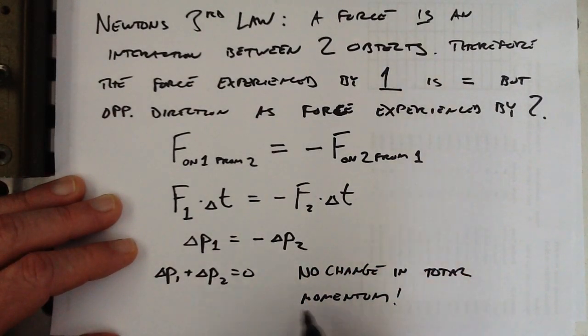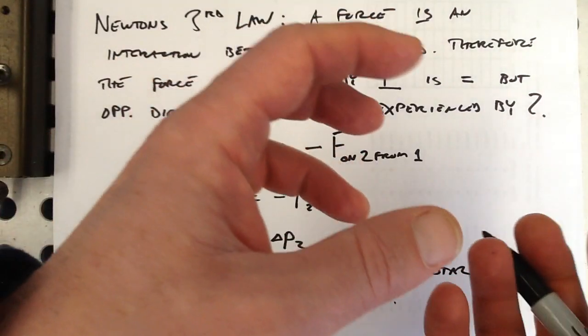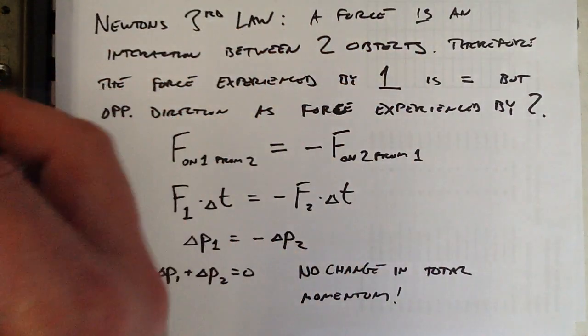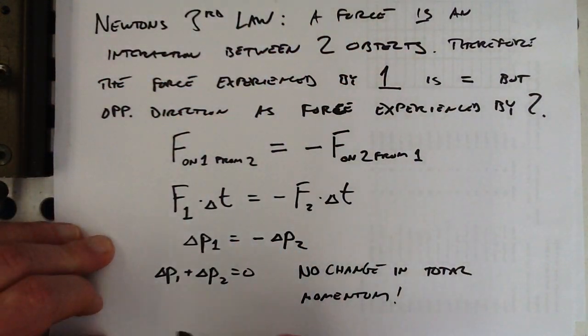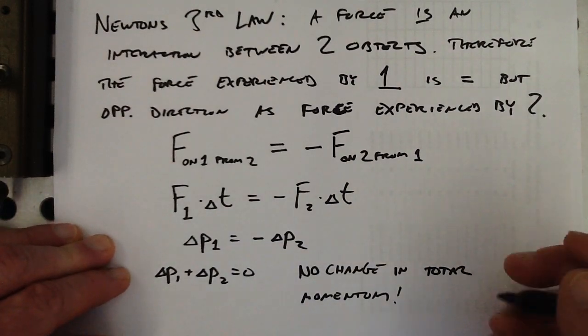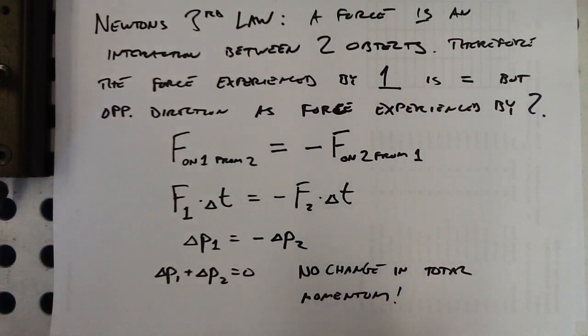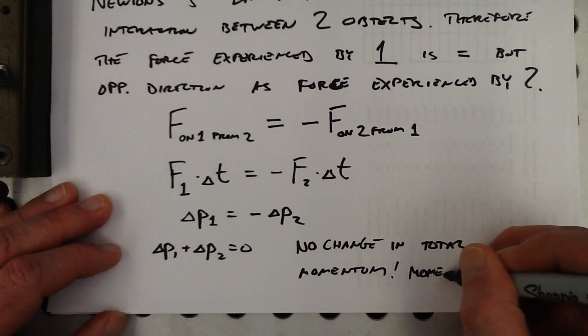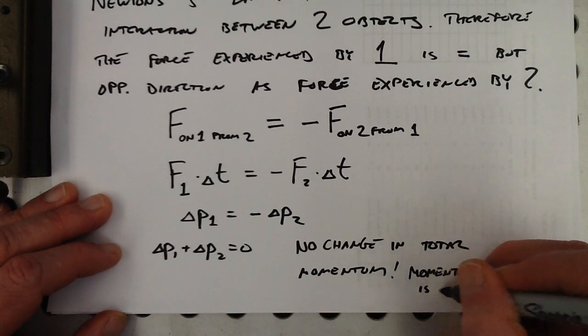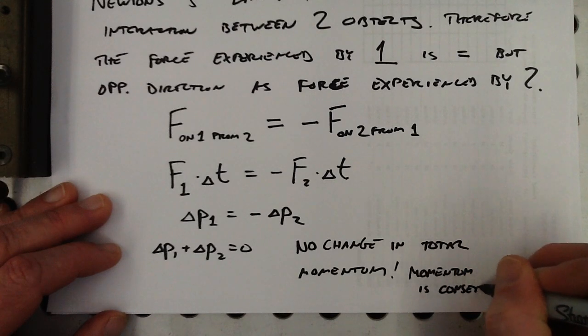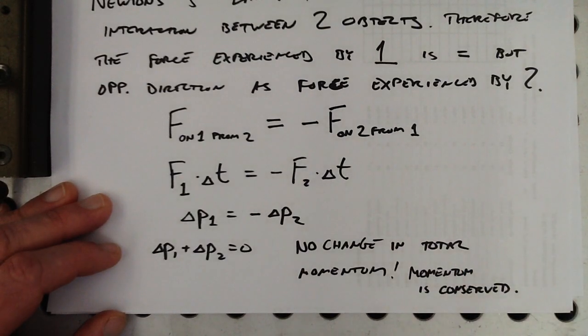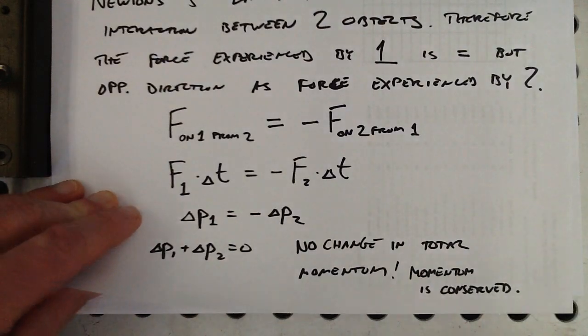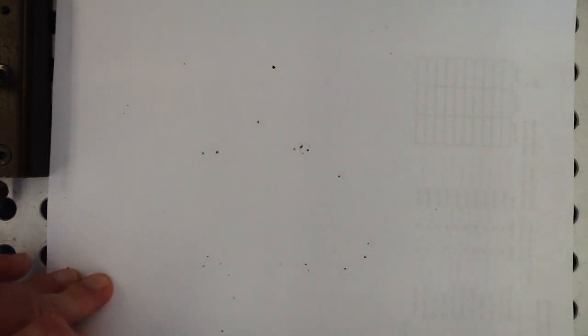There's no change in the total momentum. So whatever the change in momentum of one is, the other has to have exactly the opposite change in momentum. And that is what we mean when there's no total change in something. Just like in the last unit, no total change in energy, we say that energy is conserved. So here we say that momentum is conserved. All right. That's pretty cool.